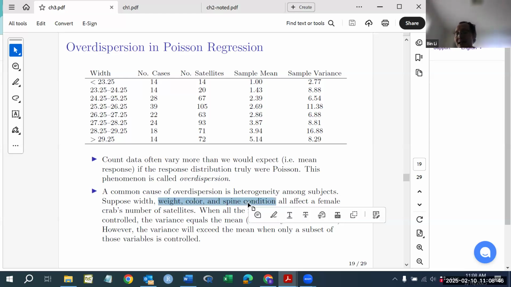That may relieve the over-dispersion problem because now we have more variables. If we have other relevant variables' information, we could include these in the model. That's one way.